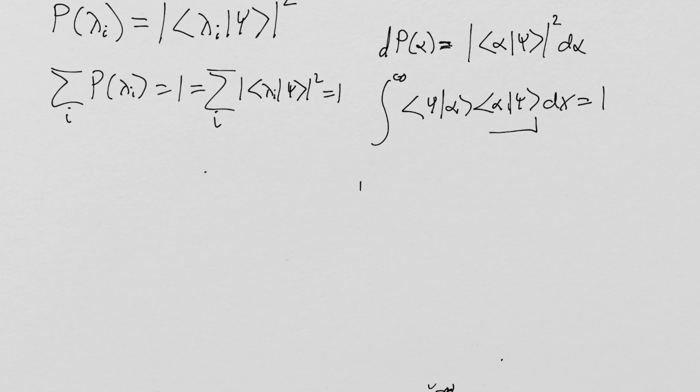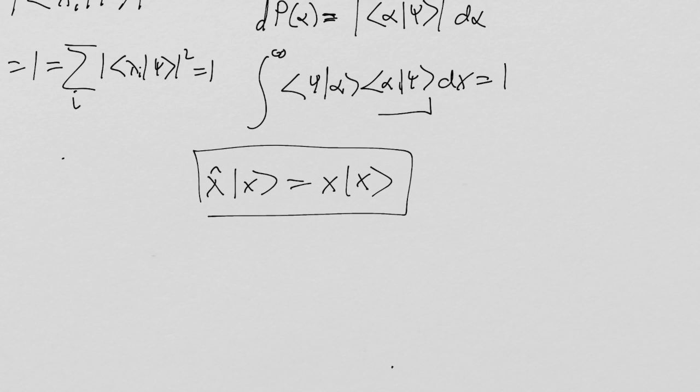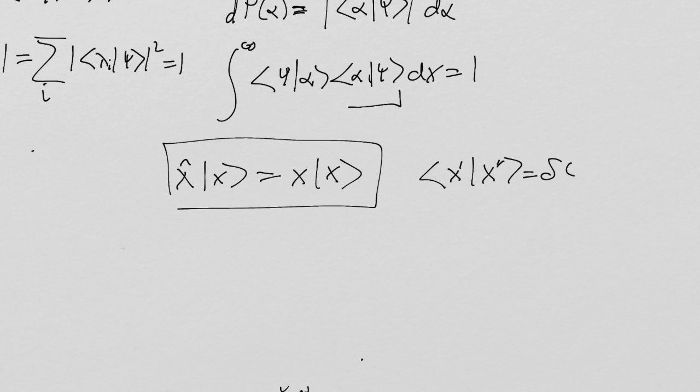The position operator acting on position eigenkets gives you position and returns the ket, right? So there it is. There's the position operator. The problem is that we've normalized these guys with the delta function. And so I have the inner product of x prime with x double prime is literally equal to the delta function of x prime minus x double prime. So now, what is the probability of measuring the eigenvalue x?